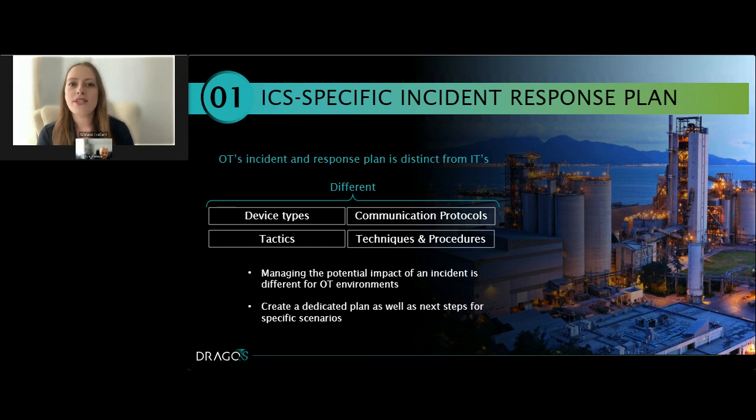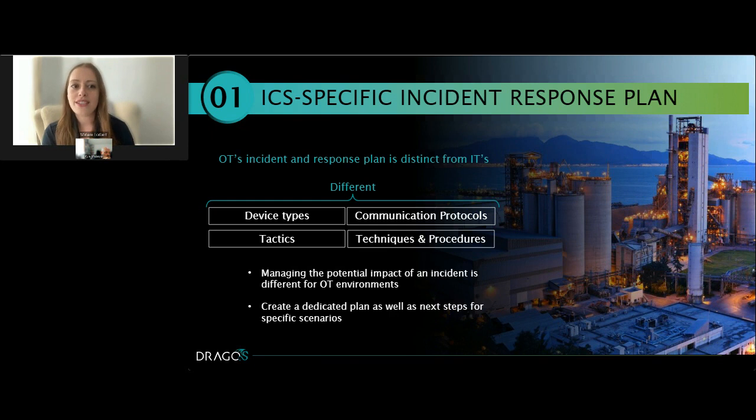So, an ICS-specific incident response plan. Many companies probably already have an incident response plan, but it may not include operational technology or industrial control system specific attributes. And it's important that they do have those things because, as we can see on the slide, your OT infrastructure is going to be a little bit different than your IT infrastructure.